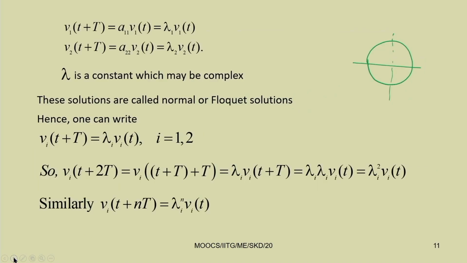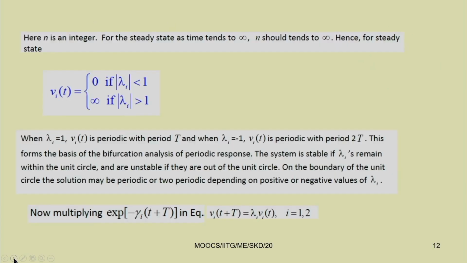If the eigenvalues are within the unit circle, then it will be stable. If they are outside the unit circle, then it is unstable. This is the real part and this is the imaginary part. This way we have studied Floquet theory.